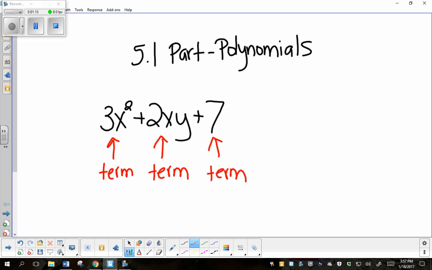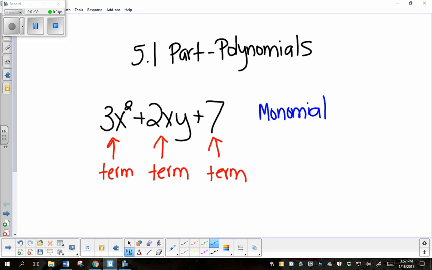So a term is something that could have variables with it. It could have a coefficient out in front, like a number, like a 2 in this 2xy. Those are all 3 terms. So a polynomial is something that is made up of 1 or more terms. A certain kind of term is called a monomial. That's one of our first vocab words here.